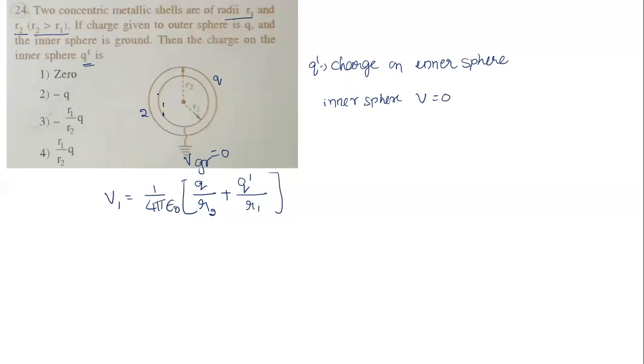If I take reference to the second sphere, R2 will come inside again. Now this must be equal to 0 because it is connected to ground, and ground potential is 0.